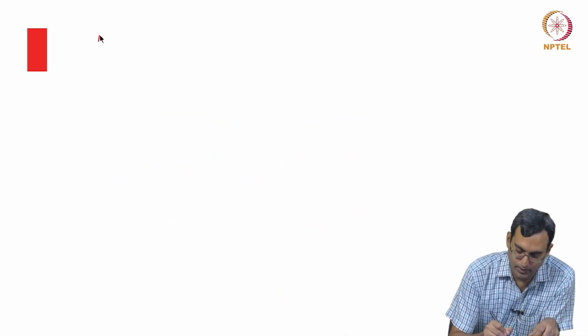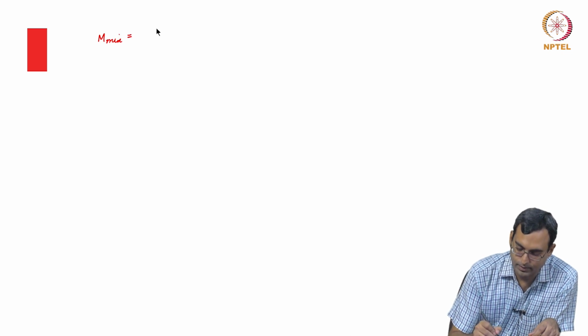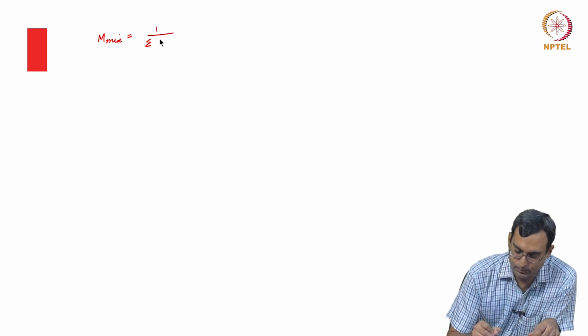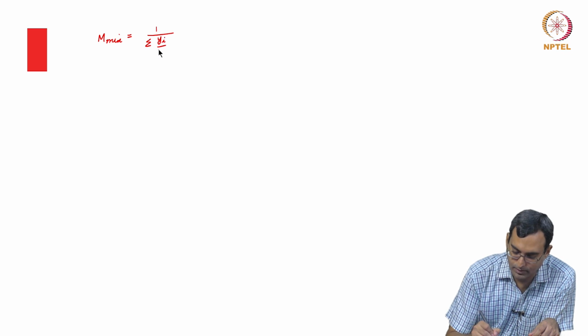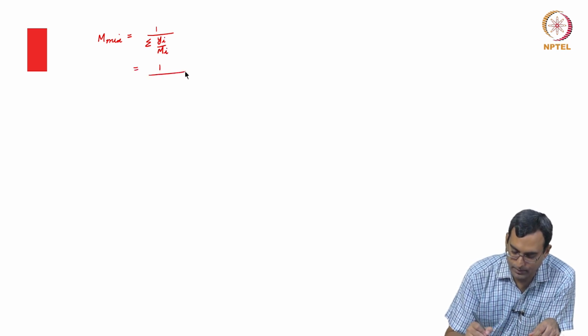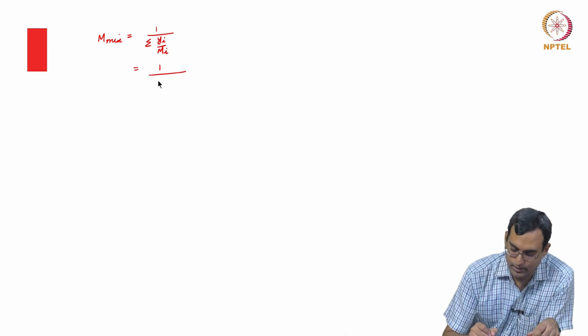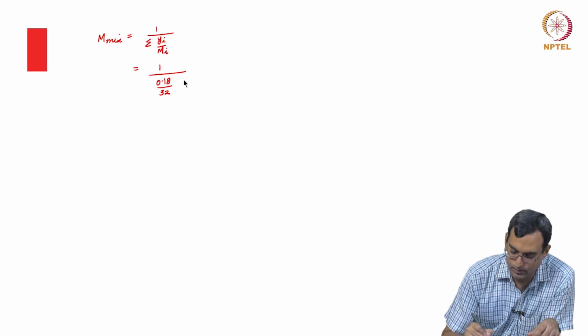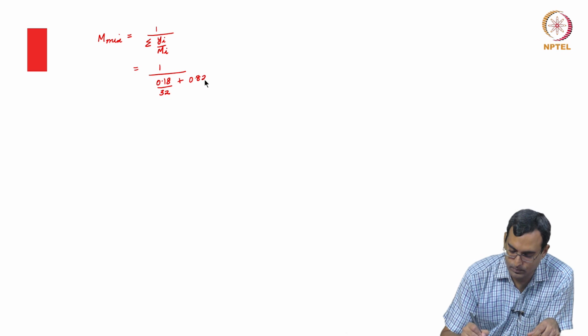For finding out the molecular weight of a mixture, we said this is essentially 1 by sigma of mass fractions divided by the molecular weights. So, I have 1 by, for oxygen, Yi as 0.18 divided by 32, plus for helium I had 0.82 divided by 4.